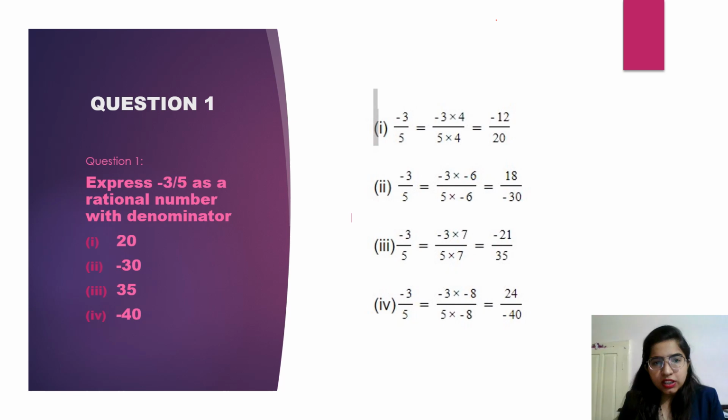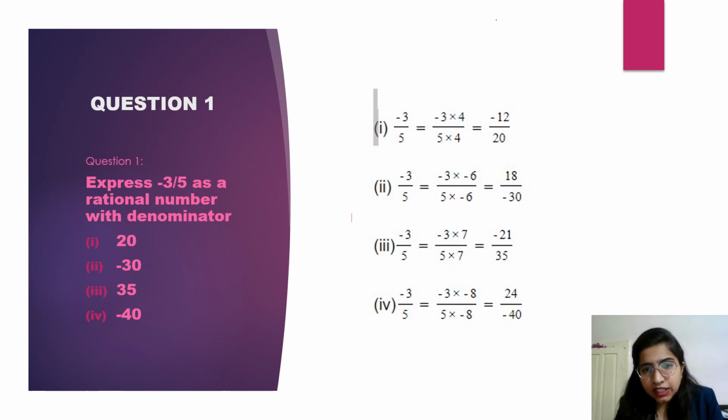So our first question is, express minus 3 by 5 as a rational number with denominator 20. See on the left side of the screen, express minus 3 by 5 as a rational number with denominator 20. The first part is 20.